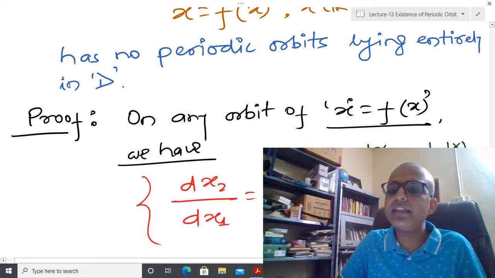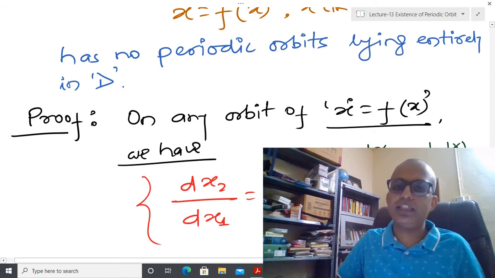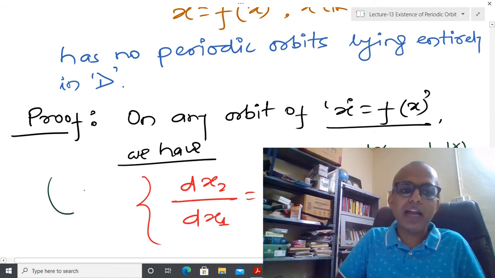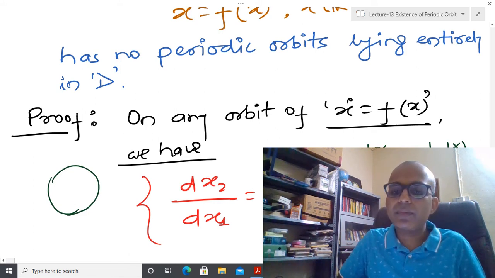Now if you take the ratio of these two, dx2/dx1, that is nothing but f2/f1. If I have some kind of orbit, then this relation will always be satisfied. It is possible to show that the ratio of f2 and f1 is the ratio dx2/dx1.